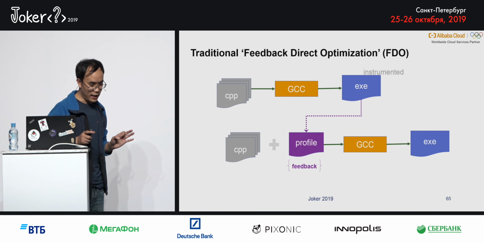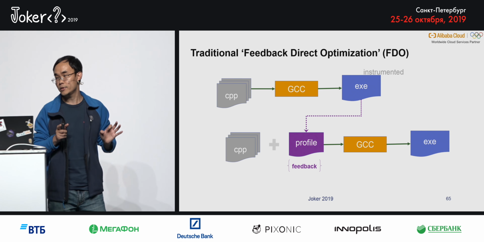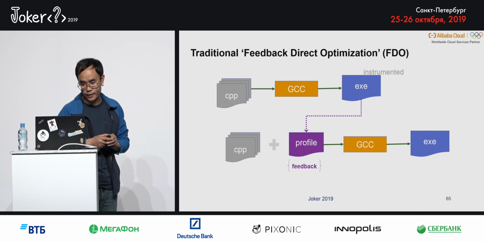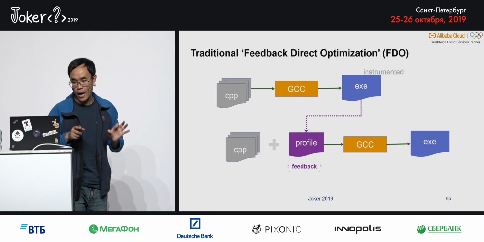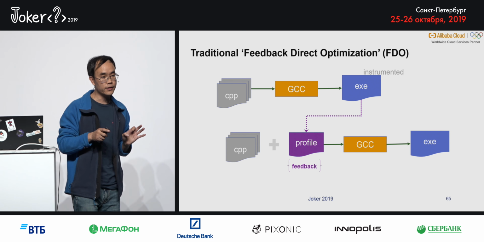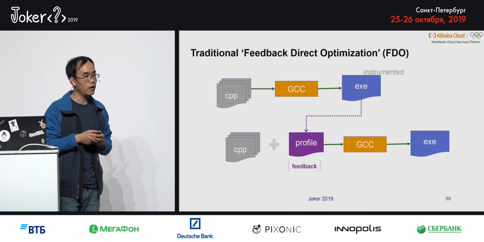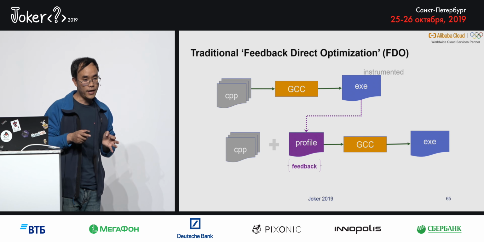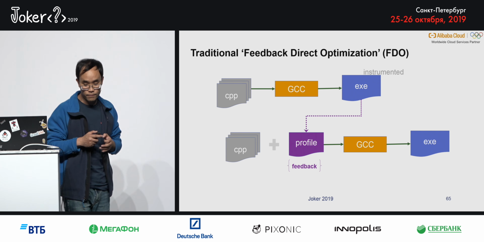So I think this is the last part, and I think time is up. Maybe I can quickly go through the last part, which we call FDO. Actually, FDO technology exists for traditional compilers. You can use FDO to generate more optimized code.